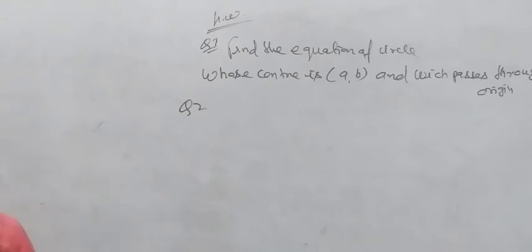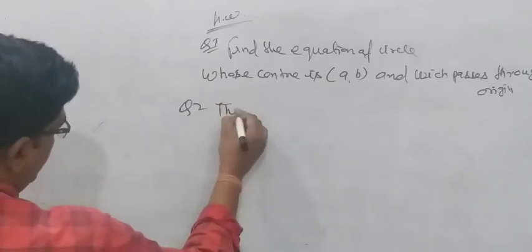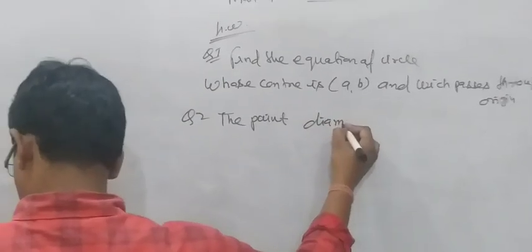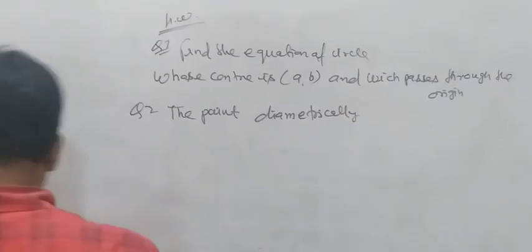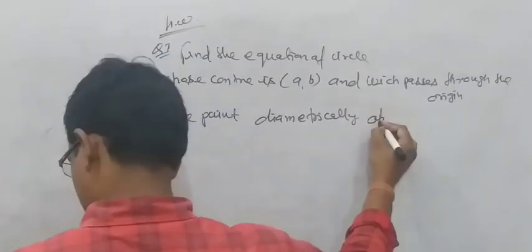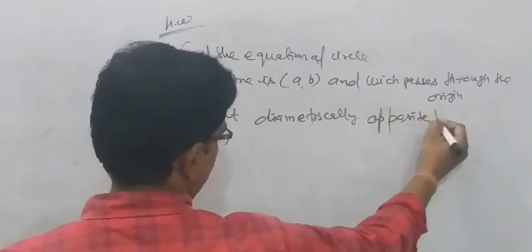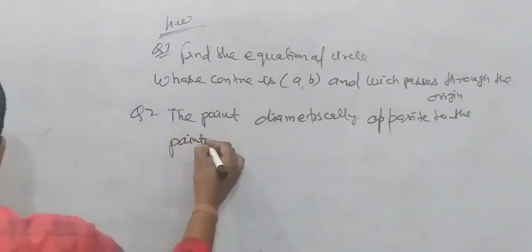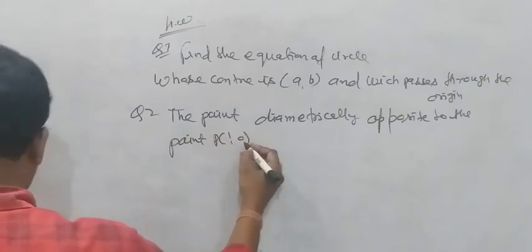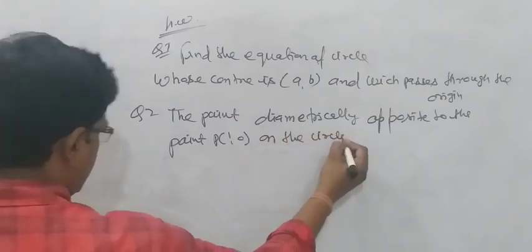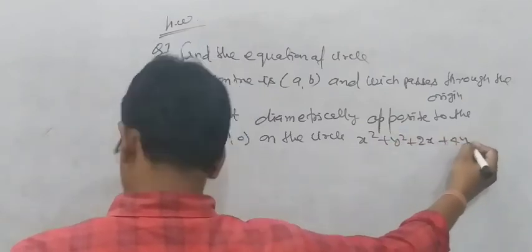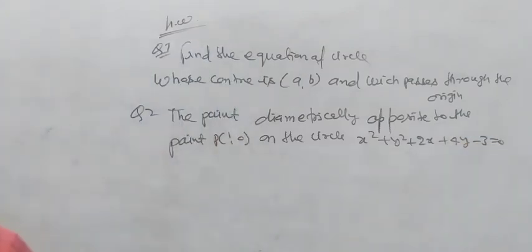Question number 2, very simple: The point diametrically opposite to the point P (1, 0) on the circle x square plus y square plus 2x plus 4y minus 3 is equal to 0 is what?